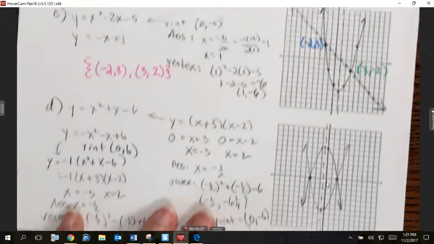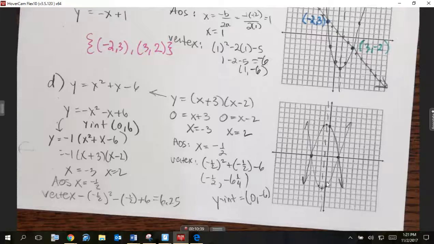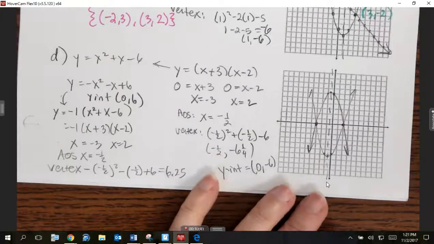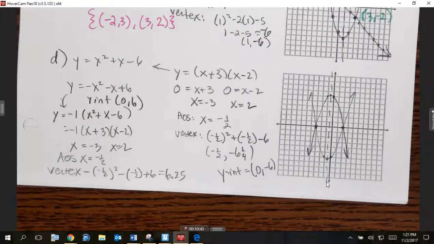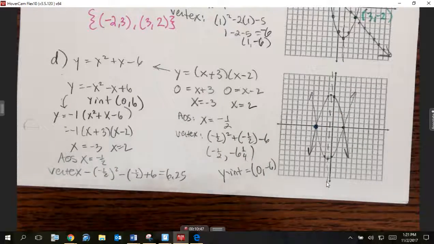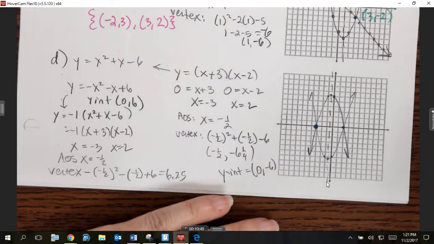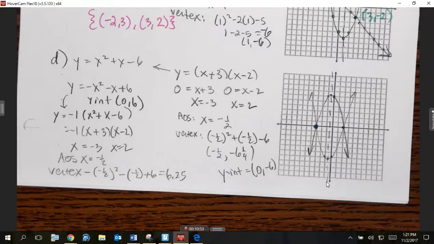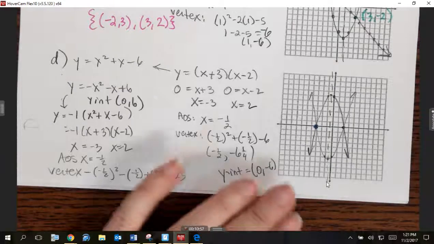All right, here's D. You should get these fun little graphs that intersect twice. Got an ordered pair right here. Shay, where do you think that this graph intersects? 2, 0.